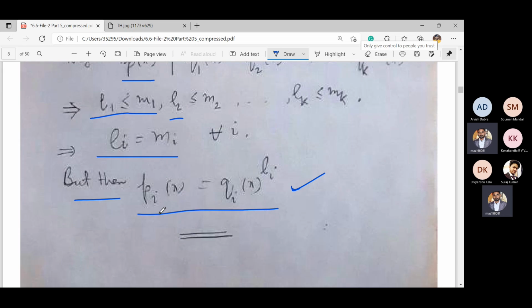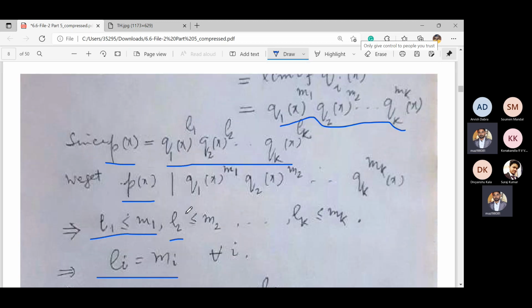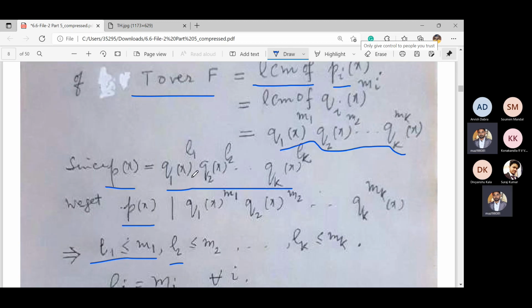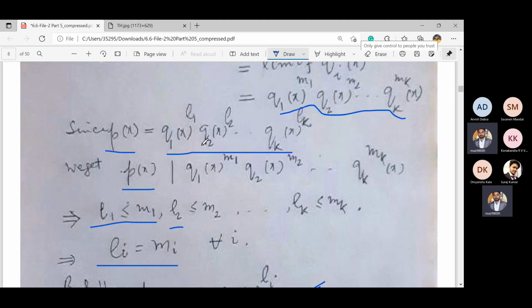Let me clarify once more how this part is happening. If l_i equals m_i, the minimal polynomials are q_1(x) raised to the power l_1 and q_2(x) raised to the power l_2, and this is the product of the minimal polynomials of the restricted operators. And we have proved this for any other exponent, l_i or m_i.